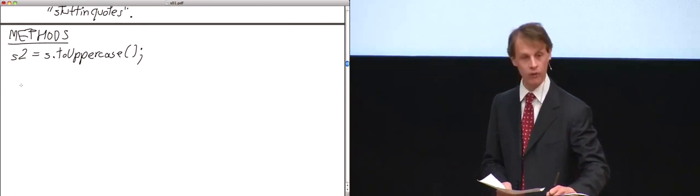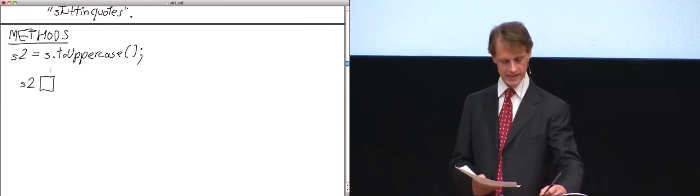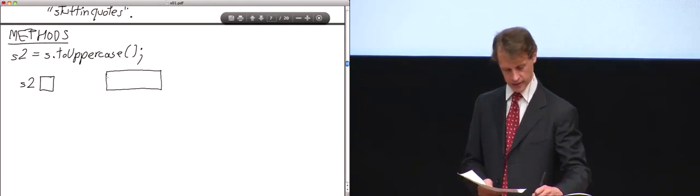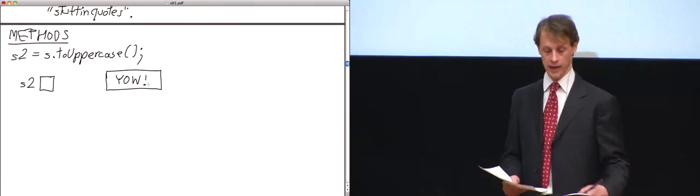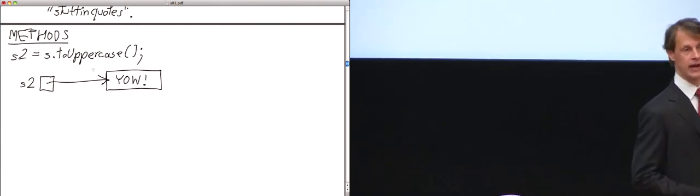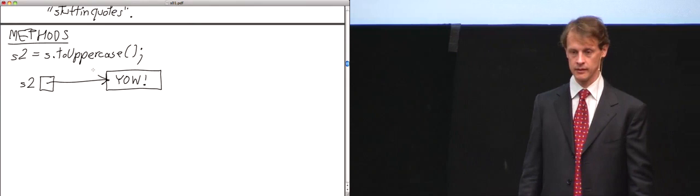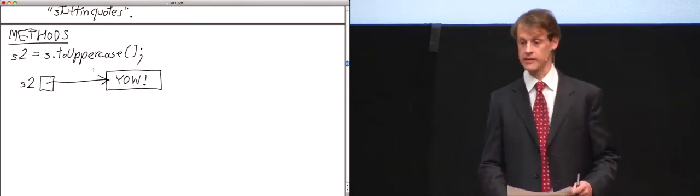So, using this in the previous example where S was still pointing at Yao, I'm going to get a variable called S2. And when I call S.toUpperCase, that's going to create a new string that looks like Yao in all caps. And then we do the assignment so that S2 points to that new string. Any case of isolation, I'm assuming it has no effect on punctuation marks or any non-character? It doesn't have any effect on anything except lowercase letters.